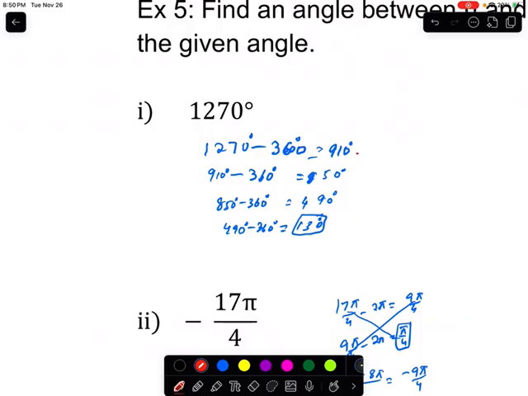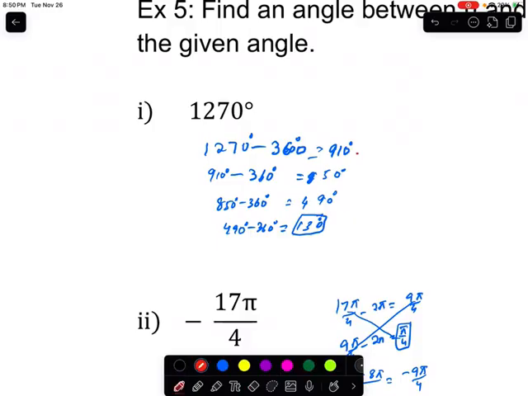So next, 910 minus 360. This is not looking correct, right? Because 910 minus 360 will not give me 8, it will give me 5 something.